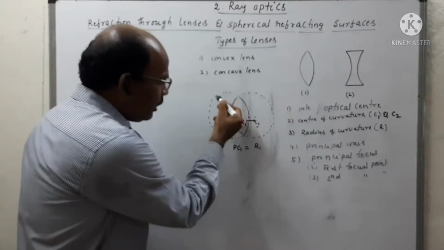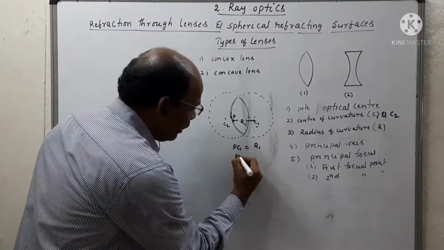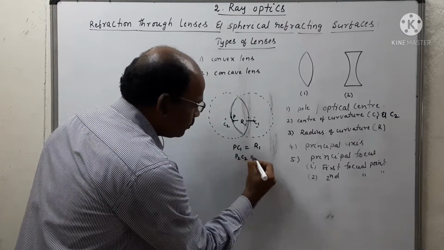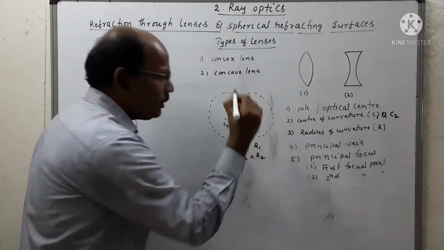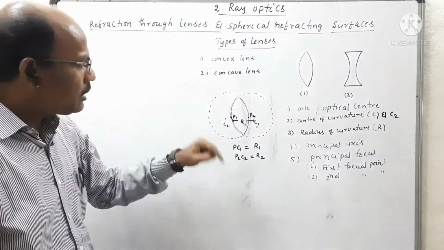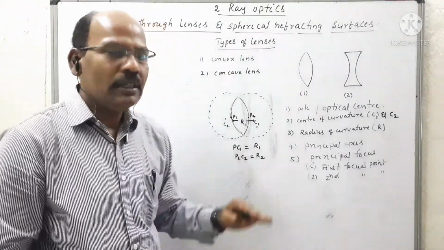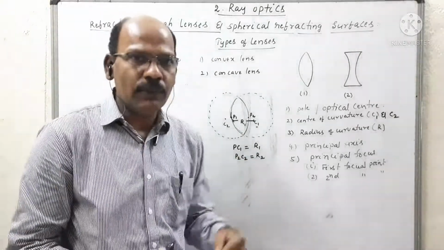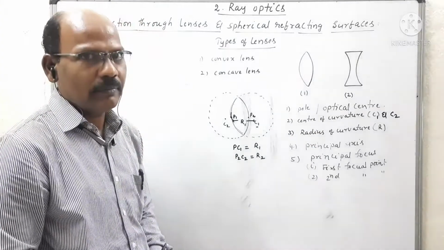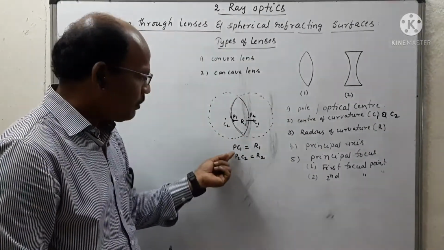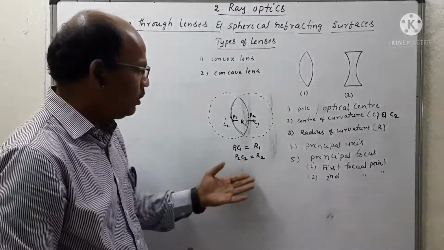Similarly, the radius of curvature of the second refracting surface can be written as P2C2, which is R2. Let us say this is P1, this is P2. So radius of curvature P1C1 is equal to R1, P2C2 is equal to R2.